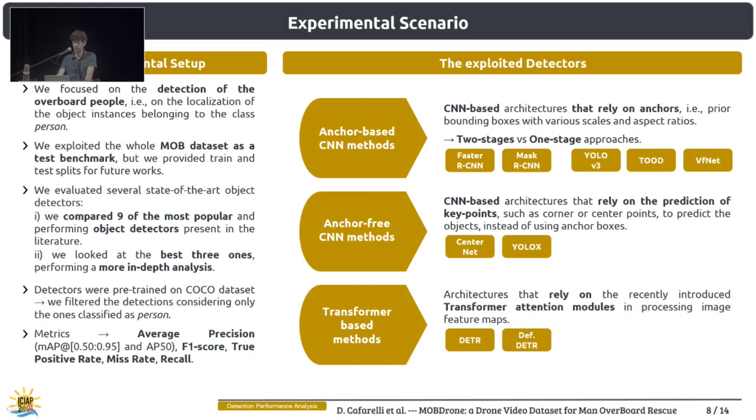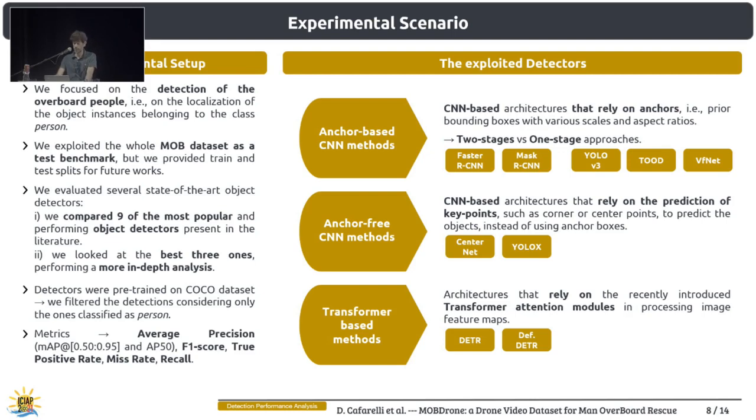Specifically, we compared 9 of the most popular and best-performing object detectors present in the literature, and then we looked at the best 3 in a more in-depth analysis. Specifically, we divided the detectors into 3 main categories: anchor-based CNN methods, anchor-free CNN methods, and transformer-based methods.